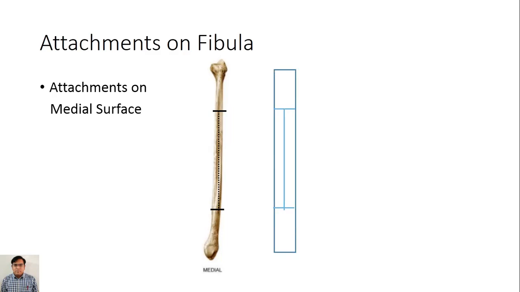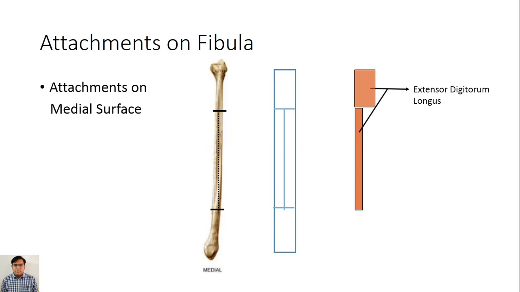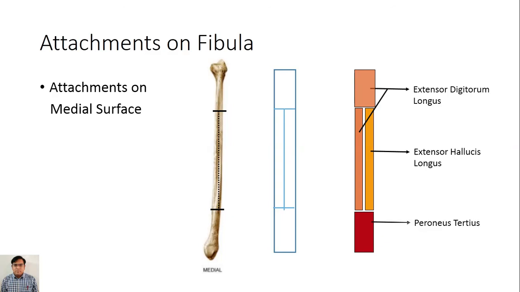So the medial surface looks like this. The upper 1/4 and anterior half of middle 2/4 give origin to extensor digitorum longus, as shown in this photograph, and the posterior half of middle 2/4 gives origin to extensor hallucis longus, as shown in this animation, and the lower 1/4 gives origin to peroneus tertius.